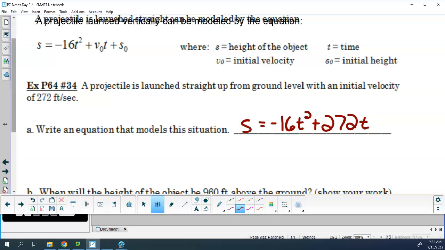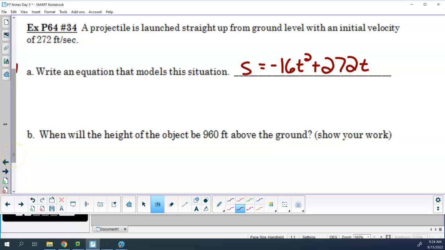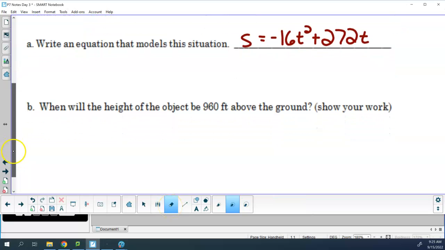Question B says, when will the height of the object be 960 feet above the ground? My question to you is, how can I solve that algebraically?